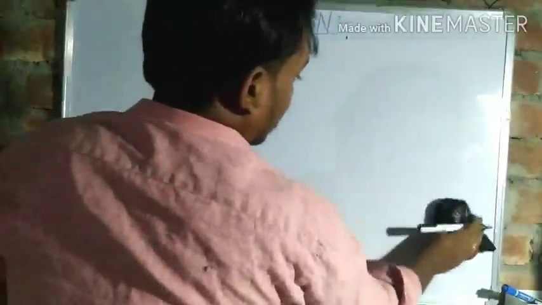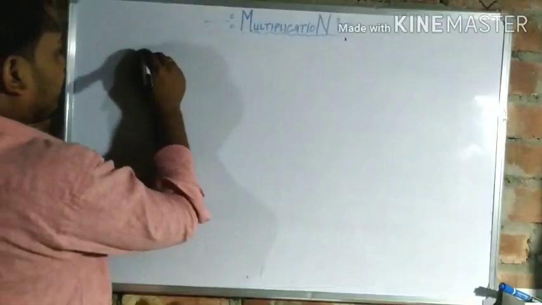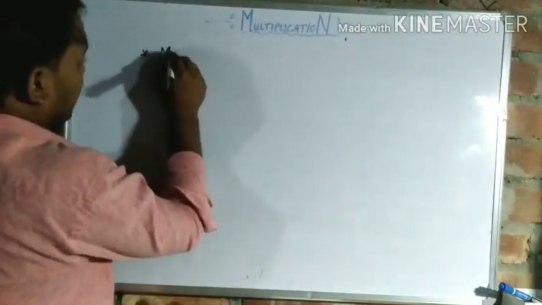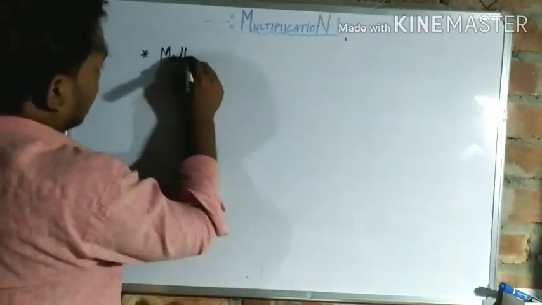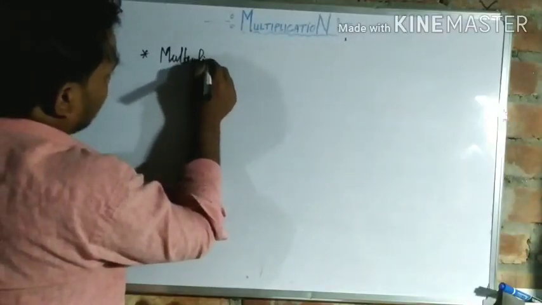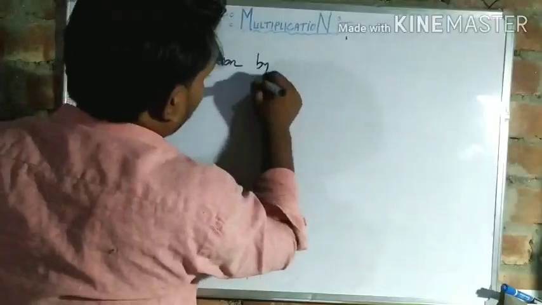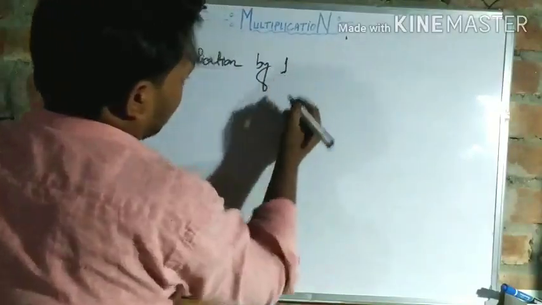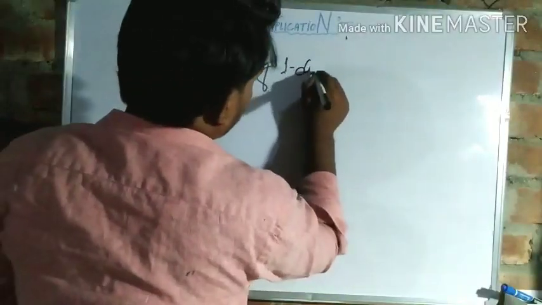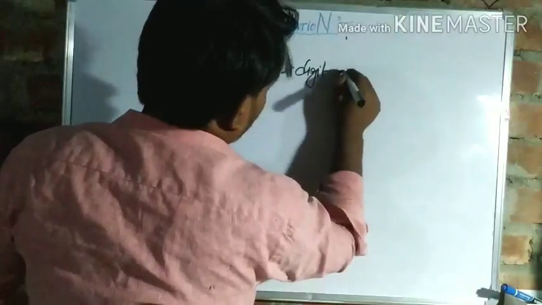Next thing is multiplication. Now we come to the main topic, multiplication. So multiplication by a one digit number.